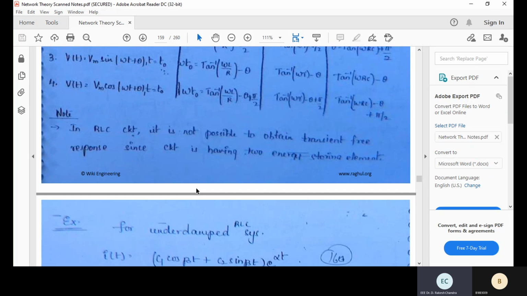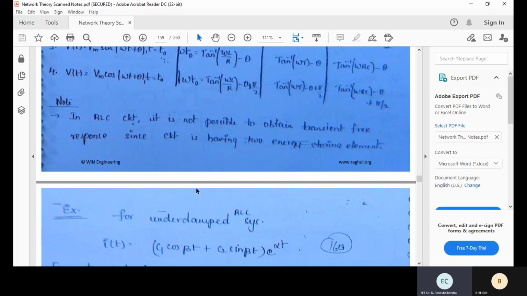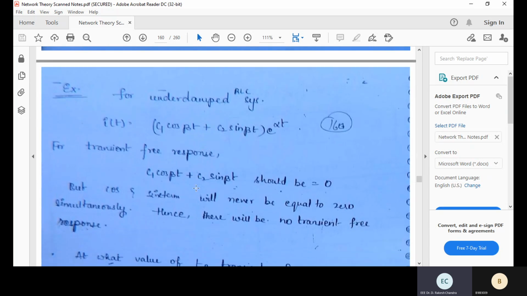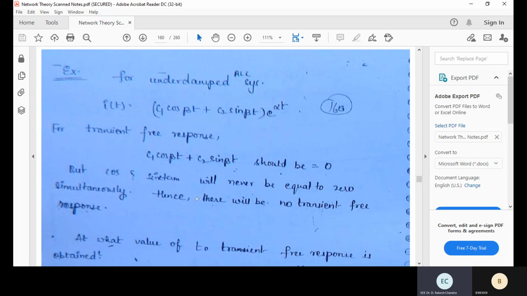So there won't be a chance of a transient free response for a series RLC circuit when the AC supply is present. This will be like this: for a damped RLC circuit, e to the power of alpha t, but the other component will never be equal to 0.